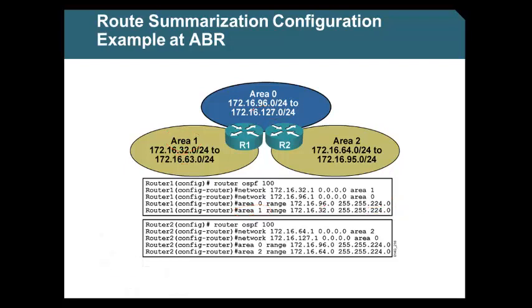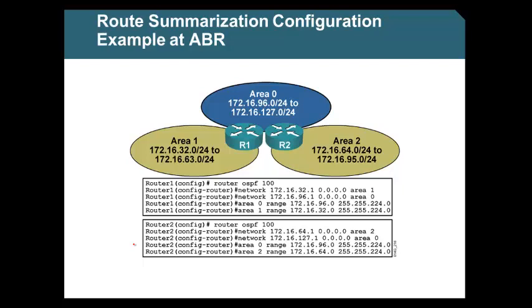32 to 63. So from which network is this route coming? That is the area you have to mention. You should not focus on which area it is going to. From area 1 it is coming.